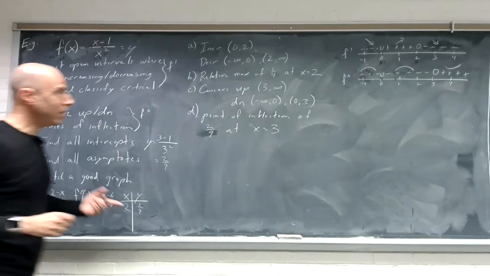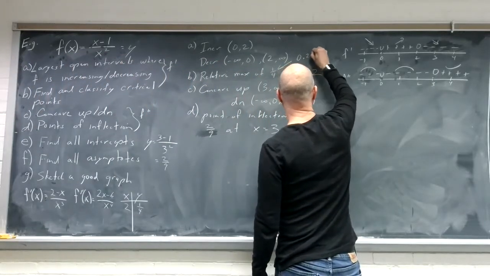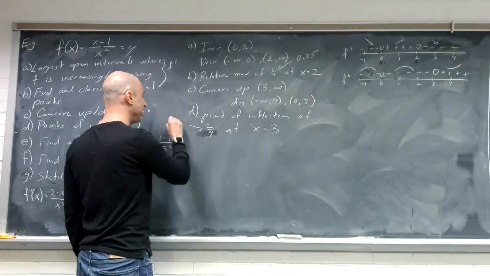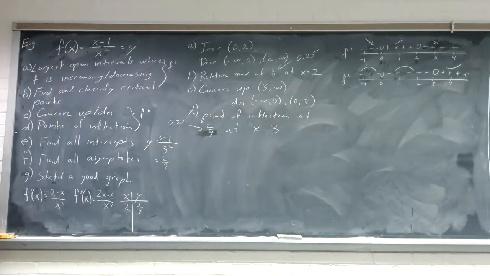So 1/4, that's about 0.25. 2/9, that's a little bit smaller. That's about 0.22 repeating. Just to give you a feel for where those are when we finally get around to putting our graph together.